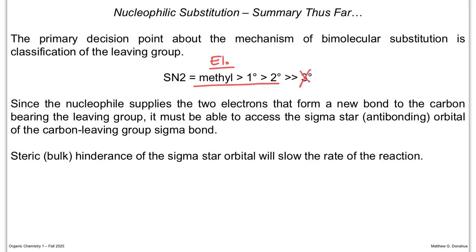Where we're going with this, we're going to look at what makes a good leaving group, what are the nucleophiles, and then how do things like the solvent and temperature play a role in terms of the rate at which it occurs. And so again, the thing to keep in mind, once you form that substituted product, how do you identify that functional groups using IR, proton, and carbon NMR?